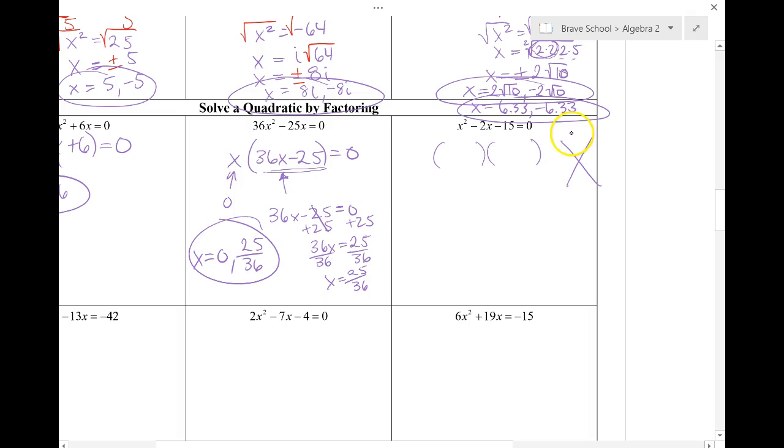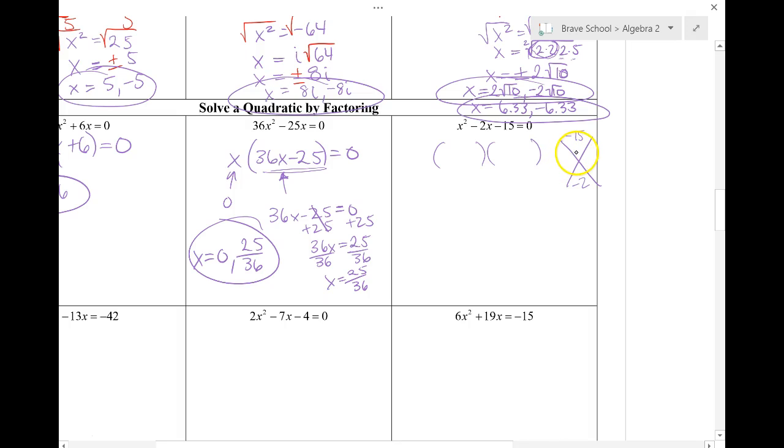We'll put the last number, C, here, and we'll put the B here. And basically we have to figure out what 2 numbers multiply to negative 15, but when we add them, they equal negative 2.